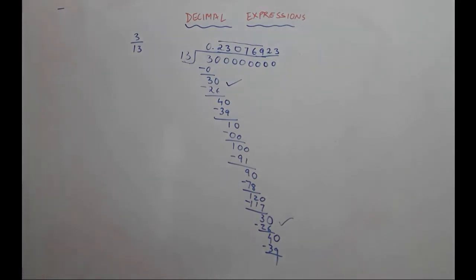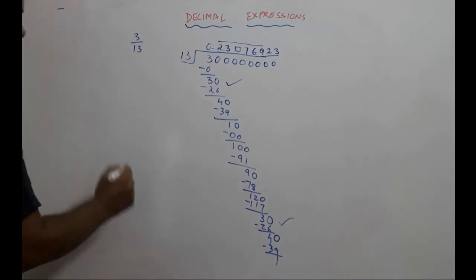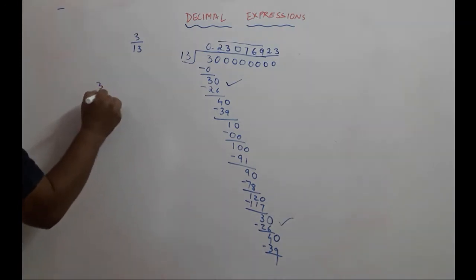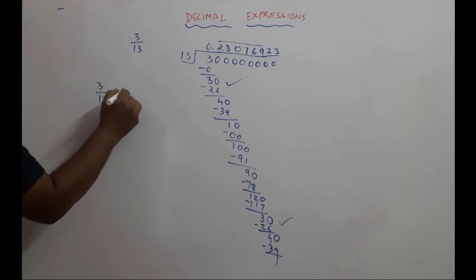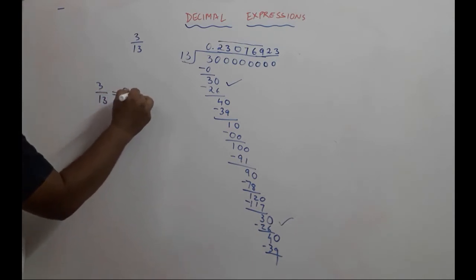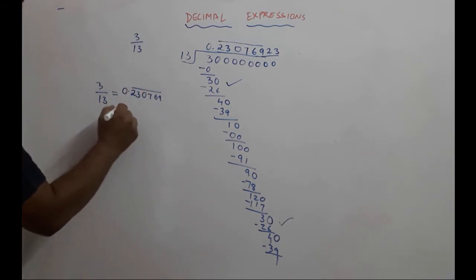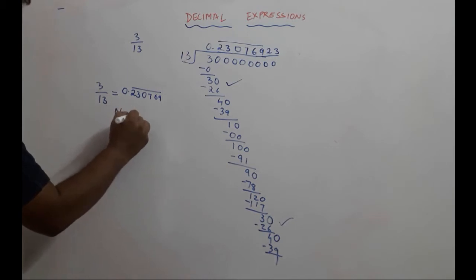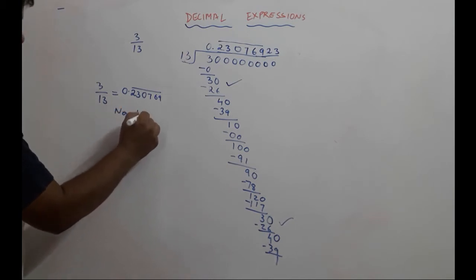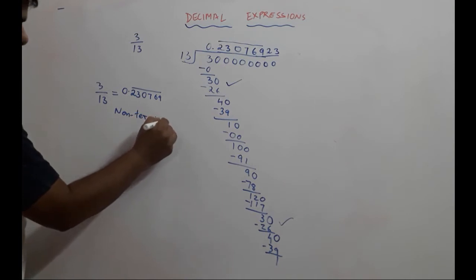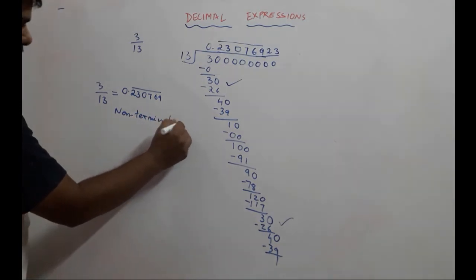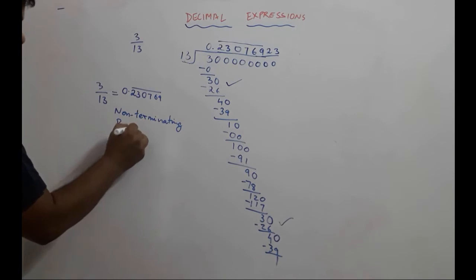So that is recurring, and obviously since we are not getting a remainder as 0, it is non-terminating. So we can take 3 upon 13 is equal to 0.230769. We can put a bar on top of it and say that it is non-terminating but recurring.